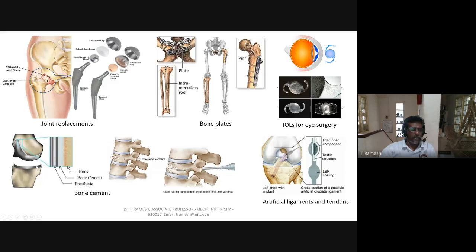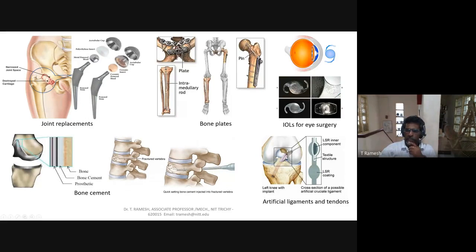And then it may be used for bone cement, prosthetic applications, and then the vertebra can be replaced by means of suitable material, or the healing of this particular vertebra can also be done with the help of bone cement, just by injecting appropriate cement material inside our body, so that the broken area or the fractured locations will be repaired by means of introducing appropriate bone cement.